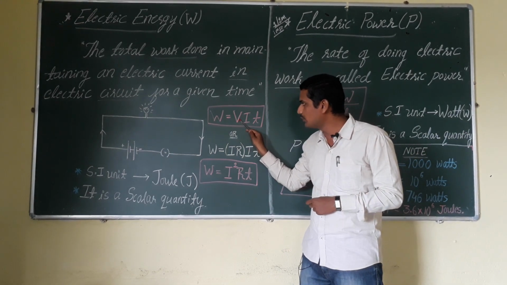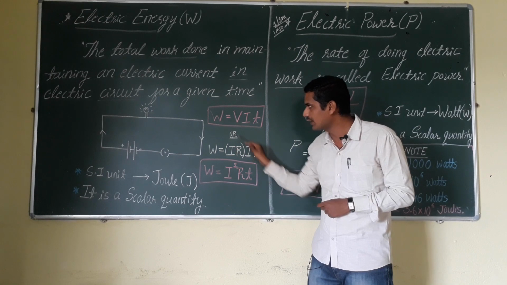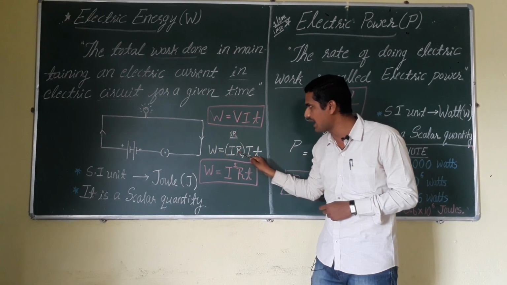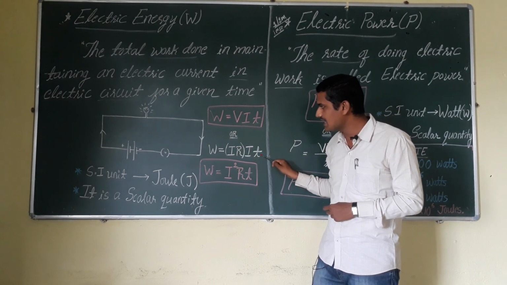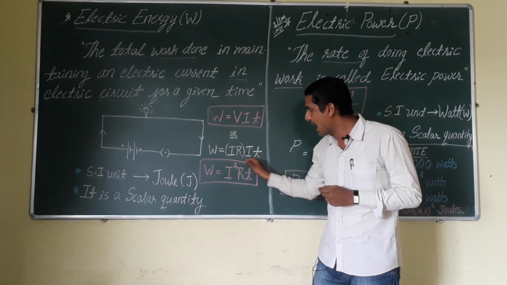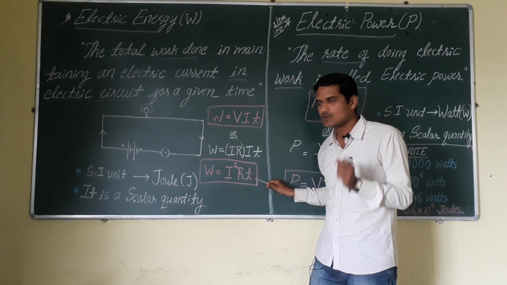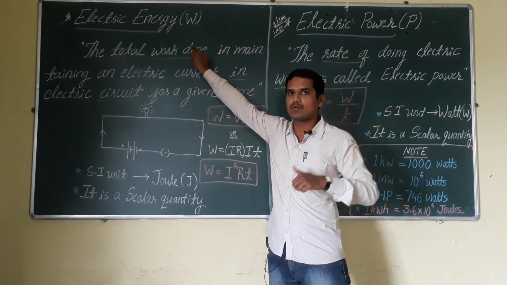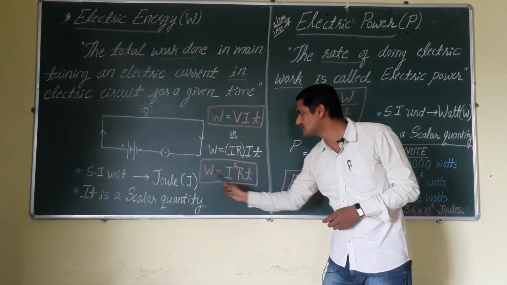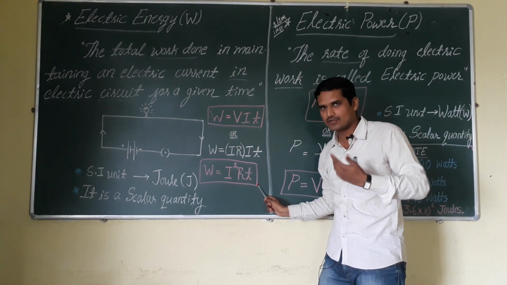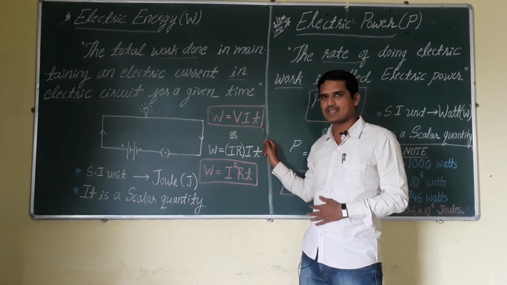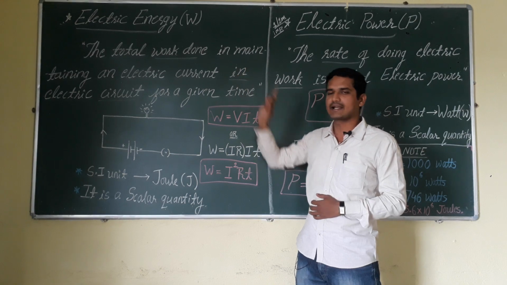When you replace V by the term IR, W is the same, V is replaced by IR, I as it is and T as it is, then I into I gives I square, R as it is and T as it is. So electrical energy has one more formula, that is W is equal to I square RT, or you can also use the formula VIT. This is the standard formula of electrical energy.